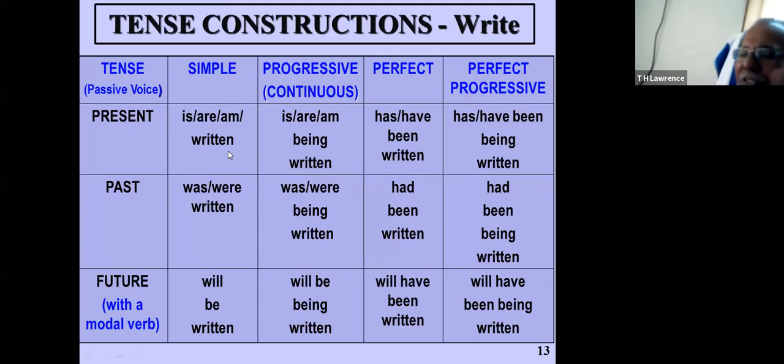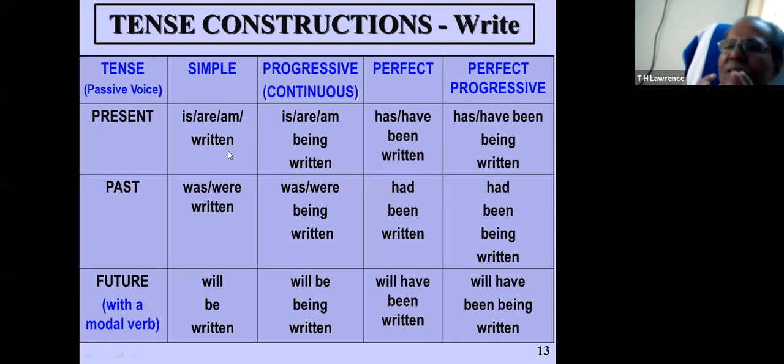In the perfect, how do you see it? Will have written. That has changed into will have been written. And again, the last is you saw it in the active as will have been writing. Here, it has changed into will have been being written. So these are the corresponding changes of the verb write from active to passive.